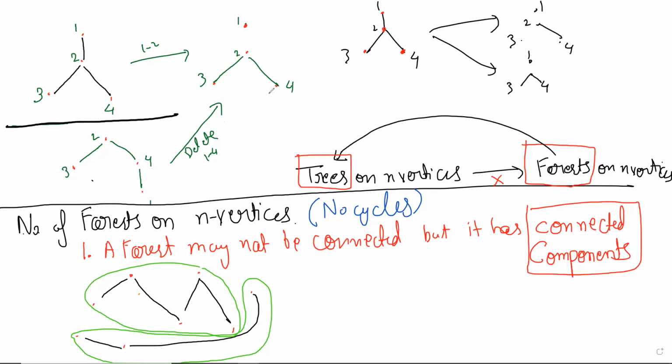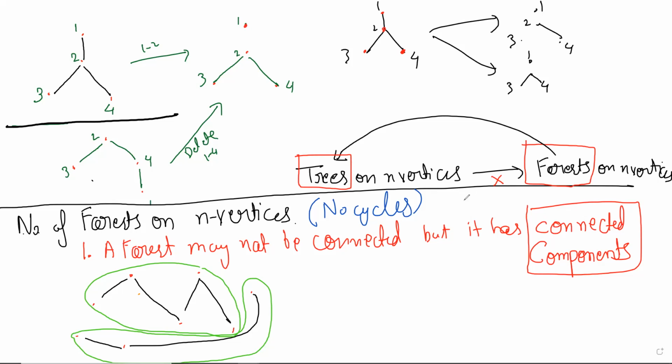The point is that if you sit with this question for, let's say, half an hour, and just count by hand for n equal to 1, 2, 3, 4, I am sure you would see a pattern like we saw in the trees.